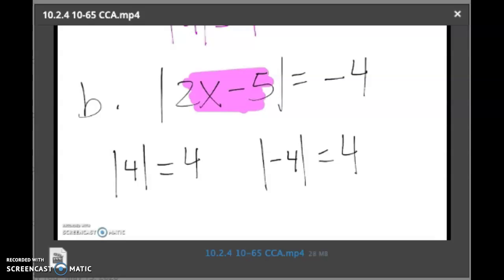So the question is, is there any way to take the absolute value of a number and get a negative number out? And there's not. So if we end up having an absolute value equation equal to a negative number like we do in this situation, we are going to get no solution. Okay?